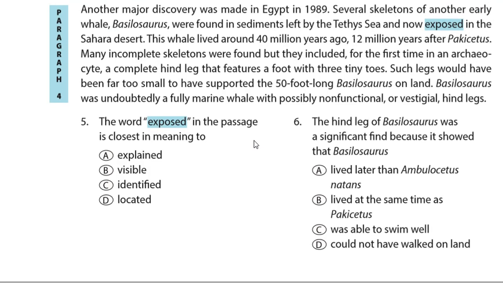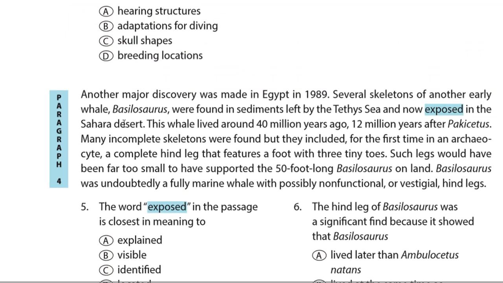The hind legs of Basilosaurus was a significant find because it showed that Basilosaurus was. Try to pause the video and solve it, then we solve it together. The keywords here: hind leg, Basilosaurus, maybe significant find as well.